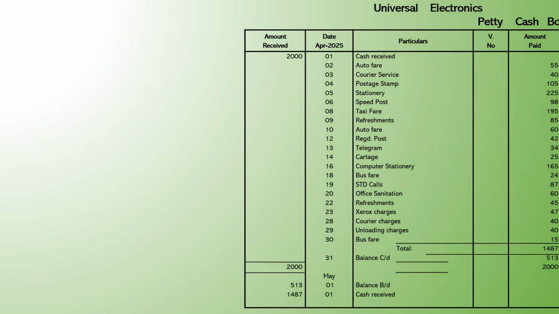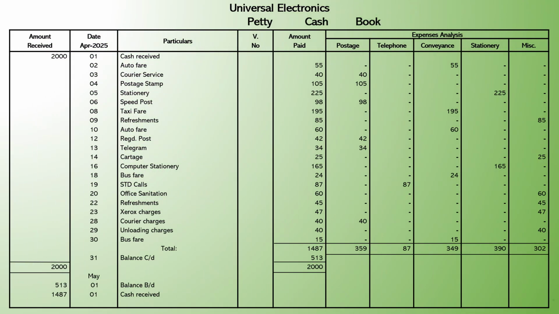Explanation: on 1st April, the imprest received is entered in the amount received column as cash received. April 2, auto fare ₹55, enter as payment and also under conveyance. April 3, courier services ₹40, enter as payment and also under postage.